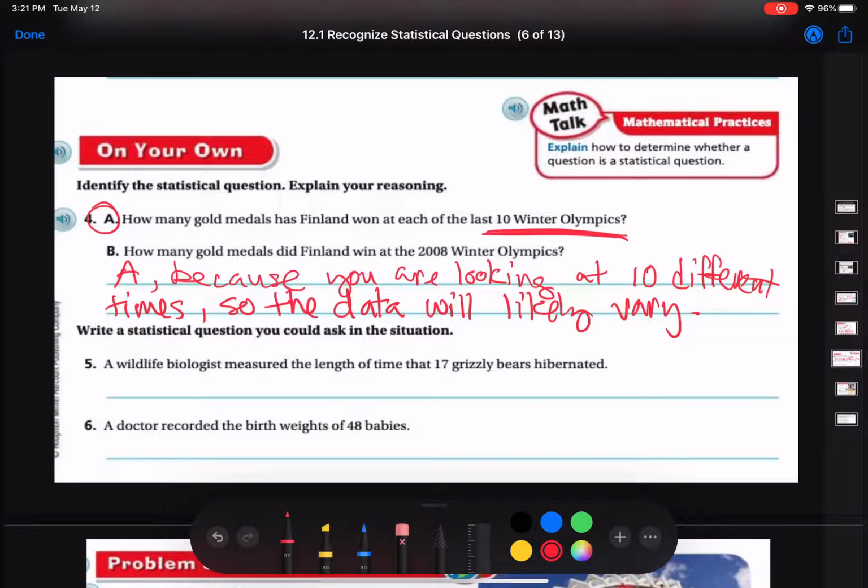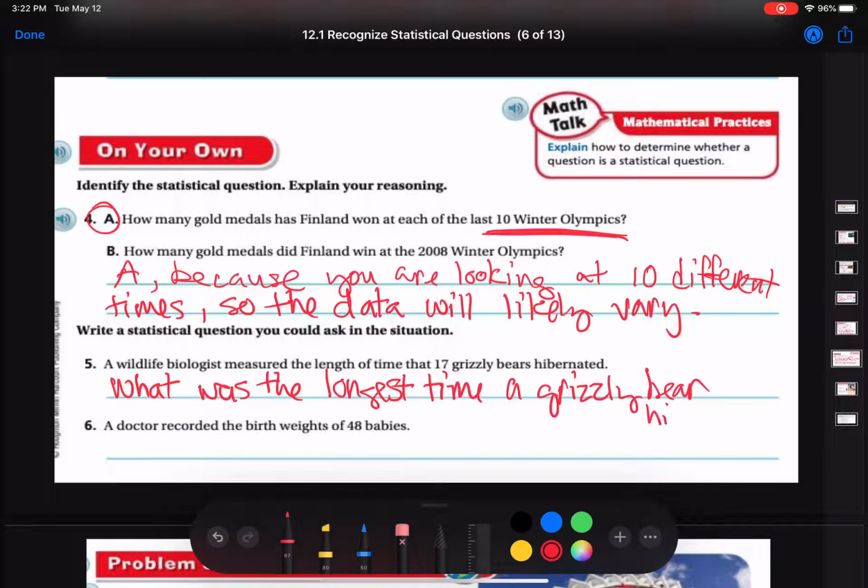So you could say, what was the longest time a grizzly bear hibernated? Now you could take and change this. What was the shortest? You could change that to shortest.